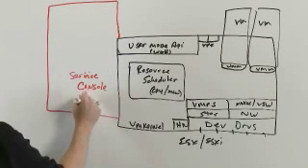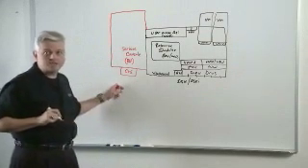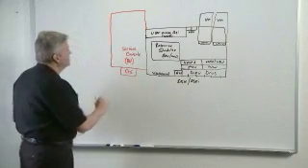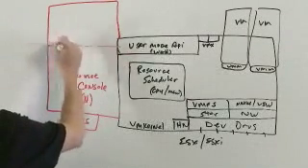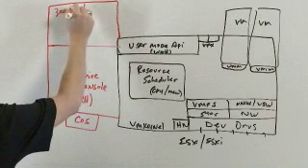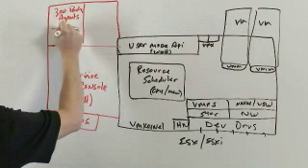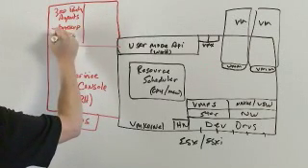This is the Red Hat base service console, also referred to often as the COS, or the console operating system. So I can create a box here that represents third-party agents, usually for backup or management.